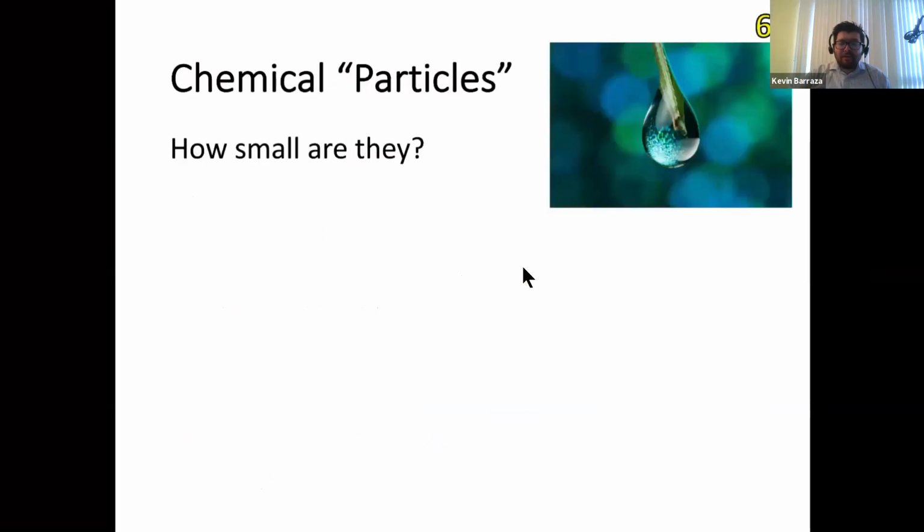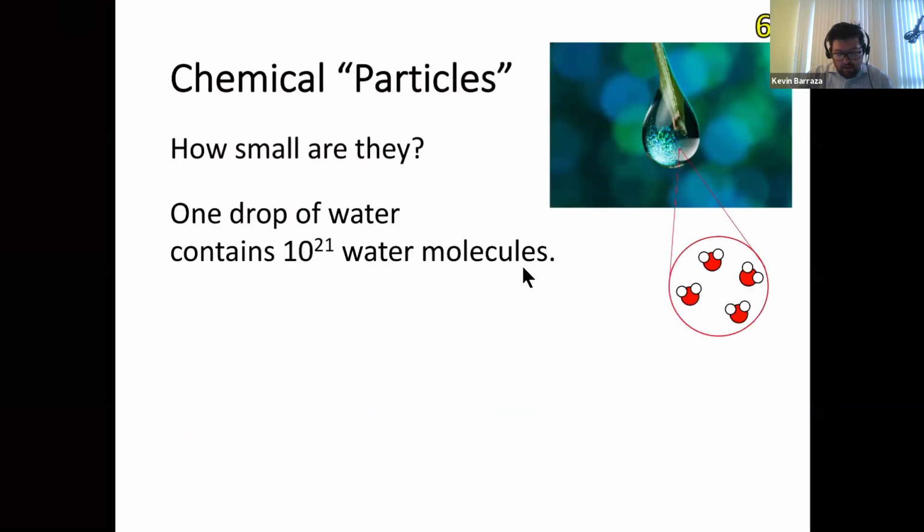So chemical particles, I kind of teased that they're really tiny. How small are they? One drop of water contains 10 to the 21st power water molecules. So to remind us what this number means, it's sometimes hard to imagine in our brains what a number like this is.